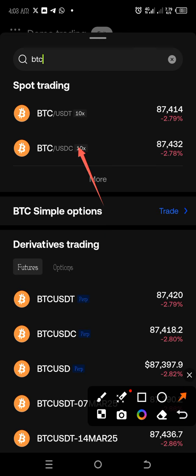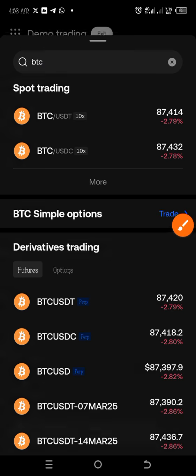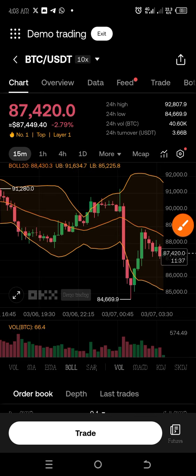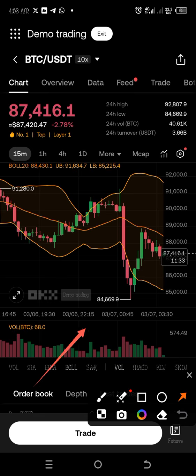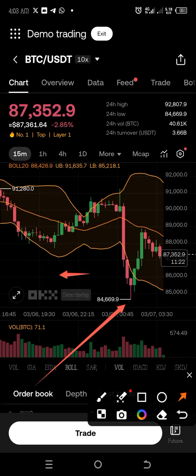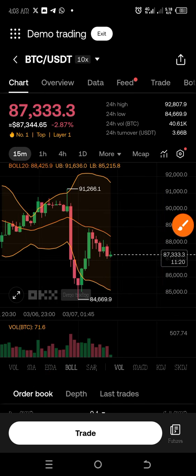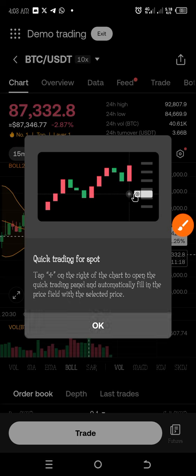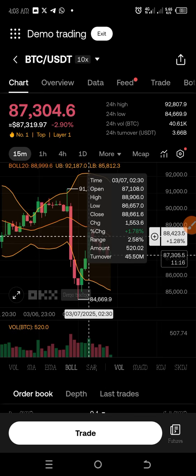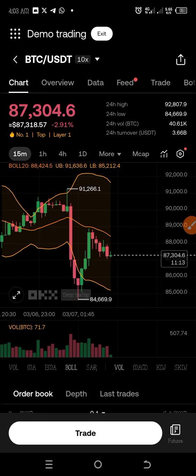Let's check the BTC and see the price, if actually the strategy is good. And look at it here, we have the BTC. It has actually come out of the Bollinger Band, and the price was $84,000, and in the meantime it went all the way to this, where the current price is $87,000, though it's come down.